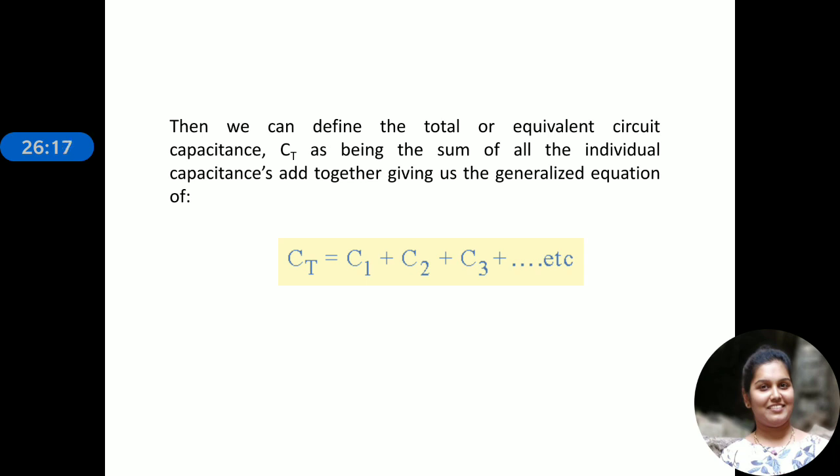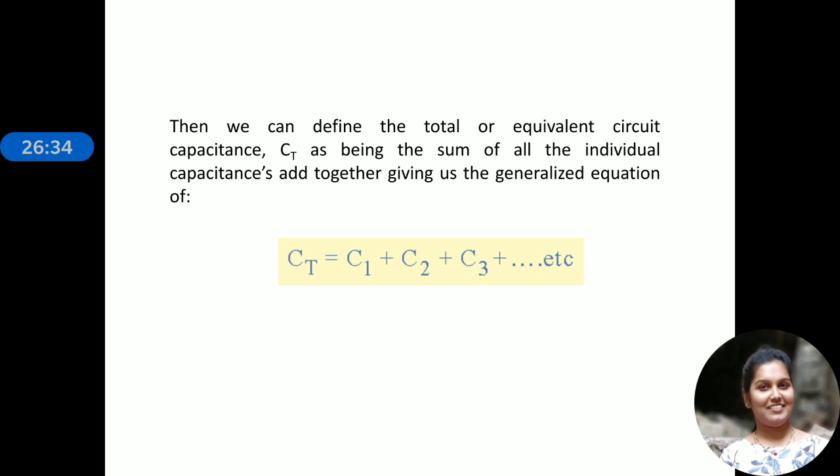Now we can also define the total capacitance of the parallel circuit from the total stored Coulomb charge, using Q is equal to CV, the expression for the charge on the capacitor plates.